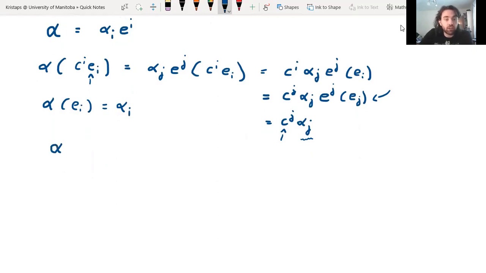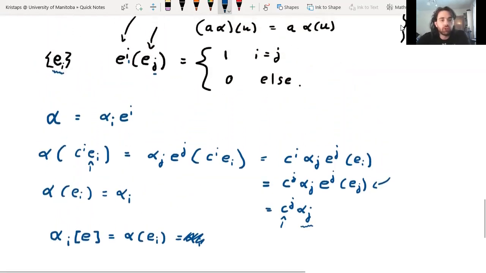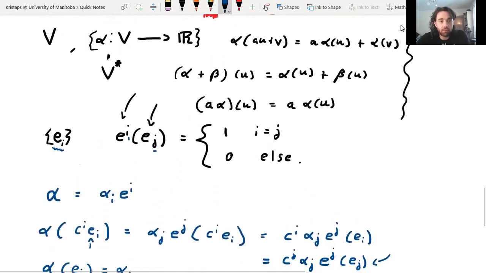We're going to write alpha sub i, square bracket E, to be alpha applied at E sub i, which is precisely by this argument that coefficient alpha sub i that we're looking for. But we use this specific notation to say alpha sub i in the basis E. The important part to remember is that we're starting with a basis E of the vector space.